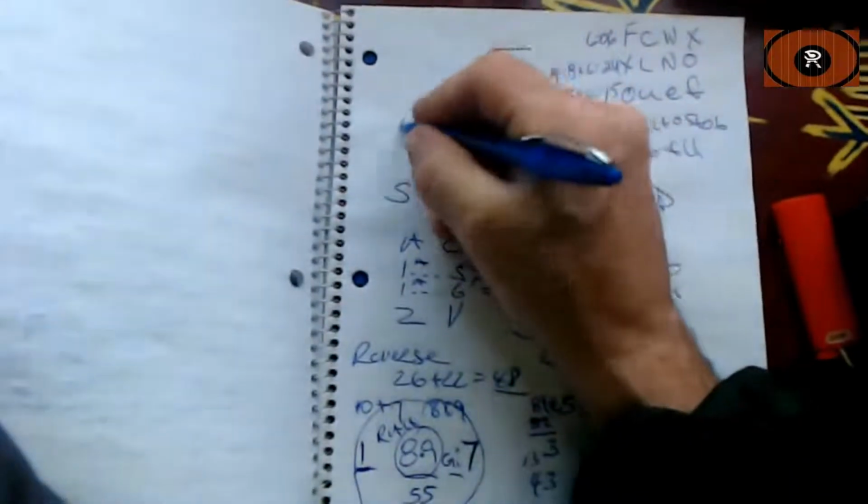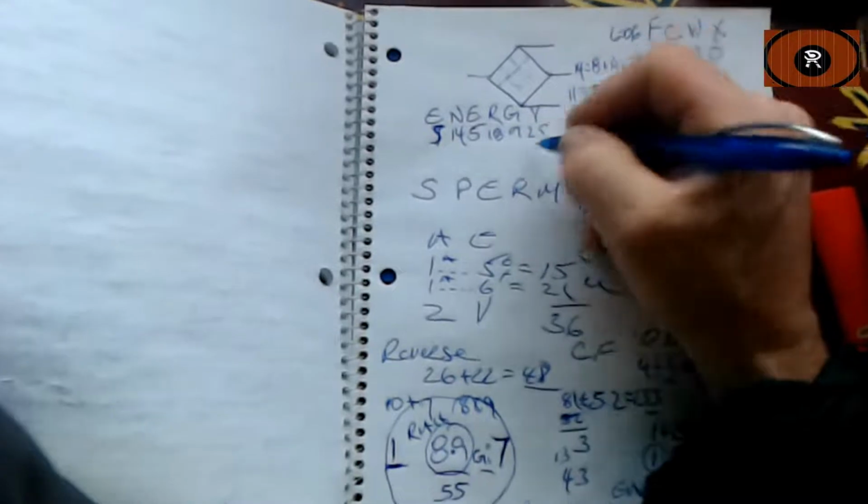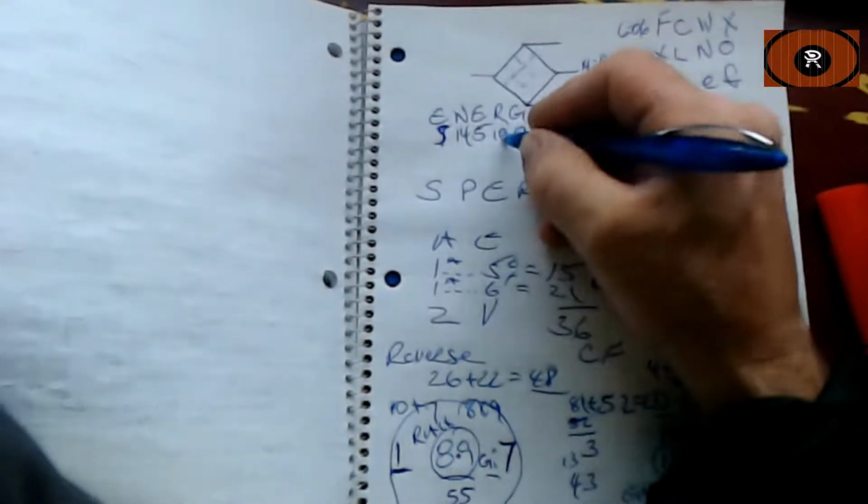So now we're going to look at E5, N14, E5, R18, G07, Y25, 25, 32, 42, 50, 55, 65, 69, 74.